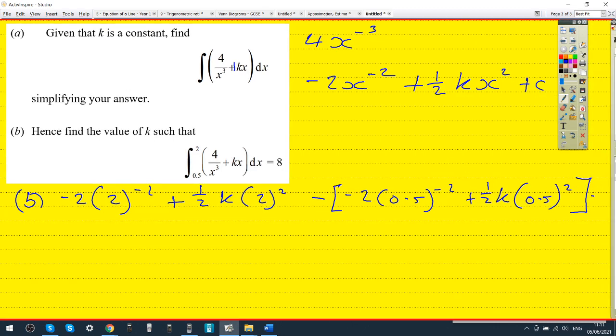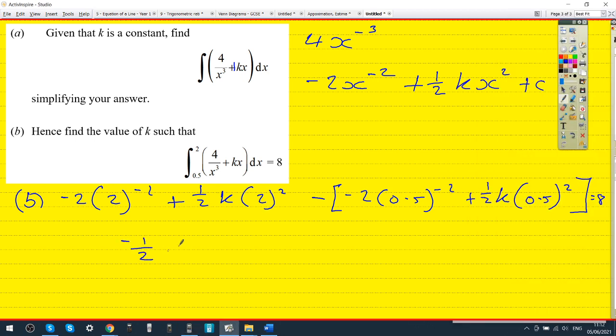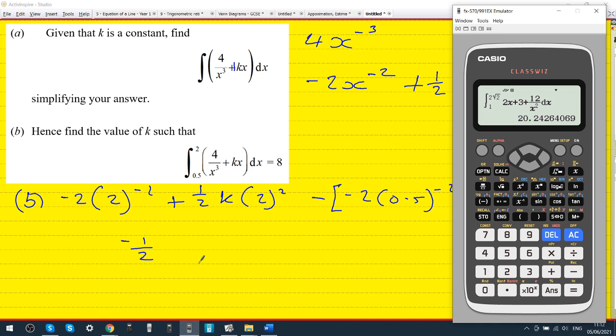What's next? It's probably easier if we simplify the left. Okay. So you get minus a half for the first part. Add a half.